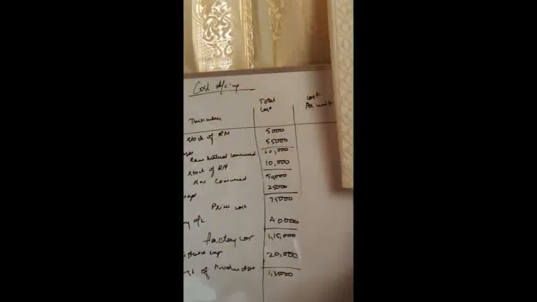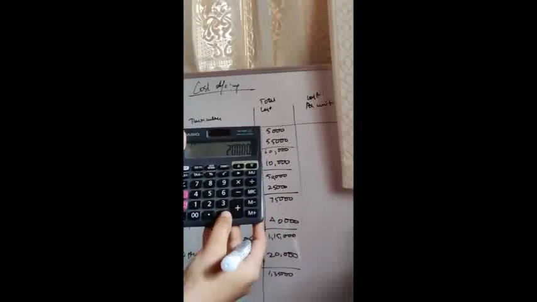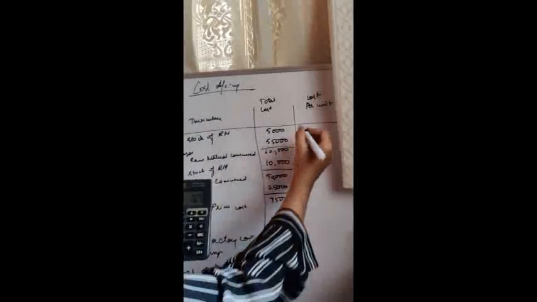How do you calculate cost per unit? If you look into the question, it says in a factory 20,000 units of product A were manufactured in the month of July 2012. Now what is your opening stock of raw materials? That is 5,000. How do you get your cost per unit? You divide 5,000 by 20,000, that is 0.25.